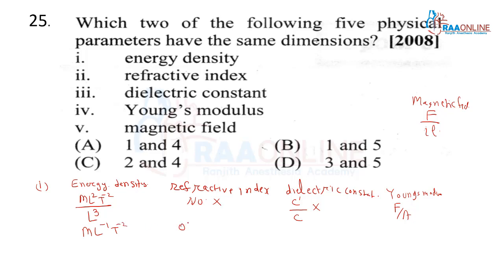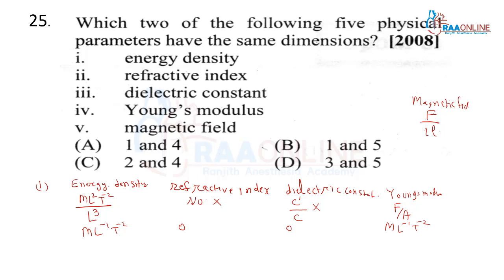Second, no dimension. Third, no dimension. Force ML T^-2 upon L^2 again gives ML^-1 T^-2.